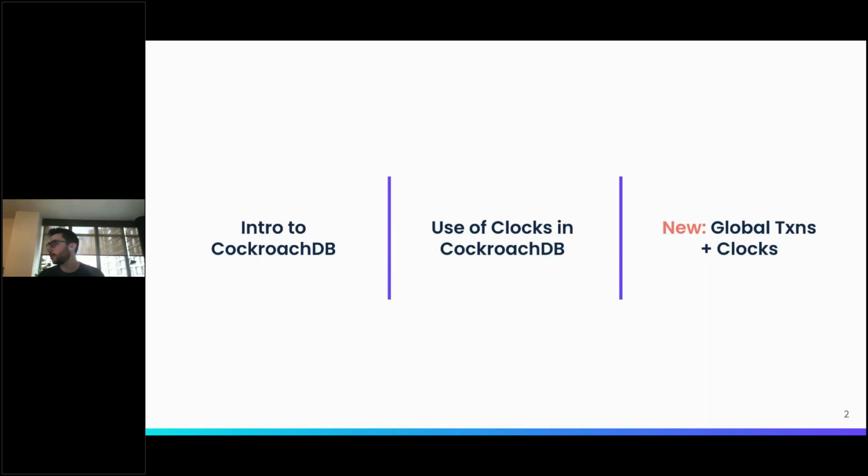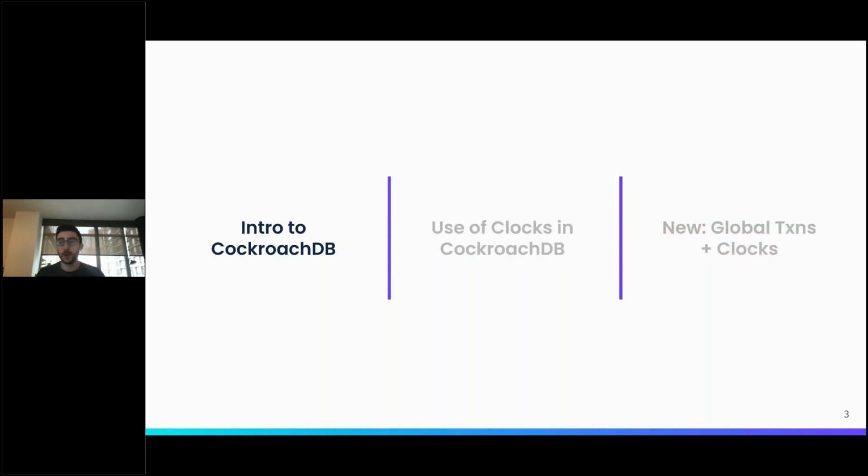And then finally, we'll close with a discussion on some of the newer uses of clocks that are pushing the behavior of Cockroach further than it's gone before. And most of these are in the realm of multi-region transactions, where clock synchronization can be even more helpful because of how high network latency gets when you're running in a global cluster.